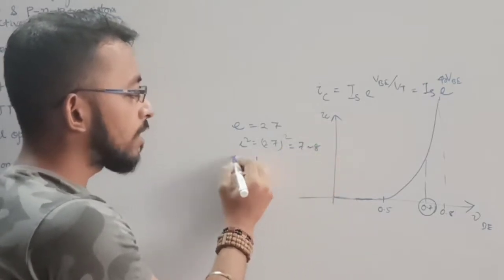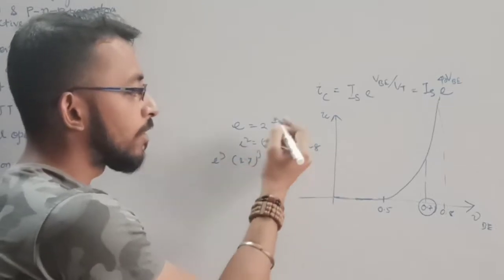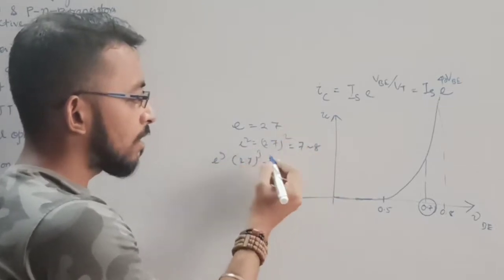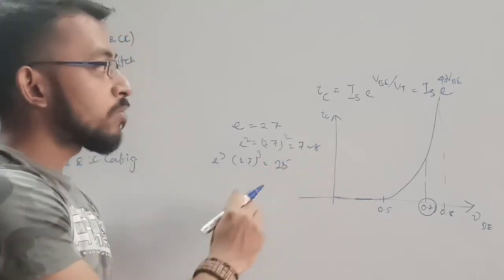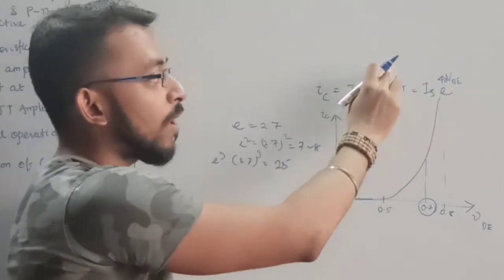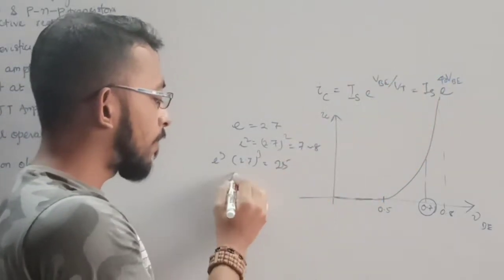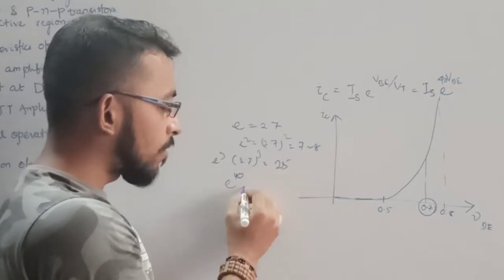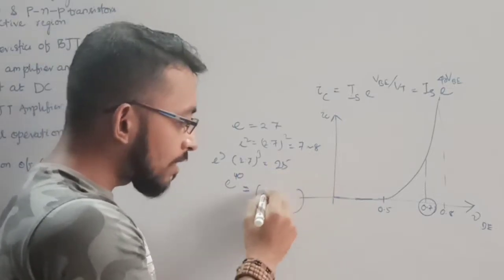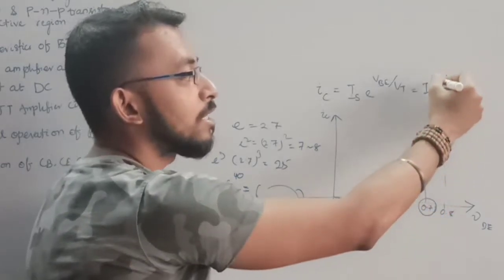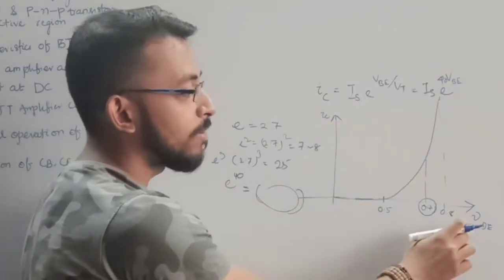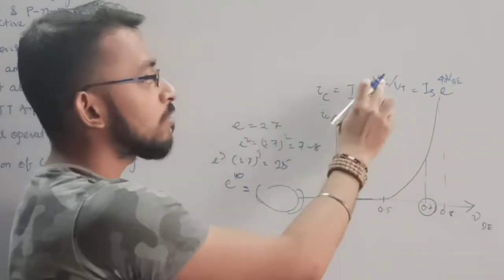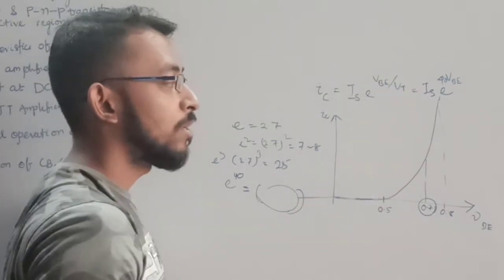Again 2.7 cubed, that is e cubed, will increase again, to around 20 or so. So if I take the 1 by Vt value, that is 40, as e power 40, this value becomes a very large amount. This large amount shows a sudden rise in my graph. In this IC versus VBE graph, the sudden rise is because of this 1 by Vt constant term.